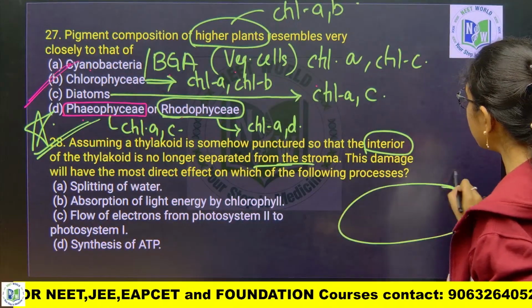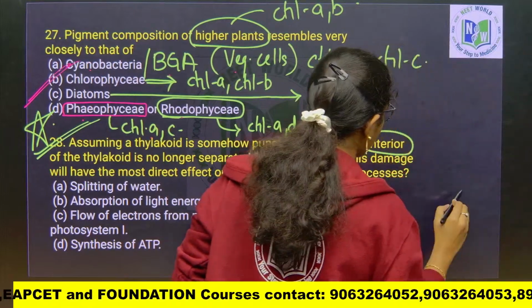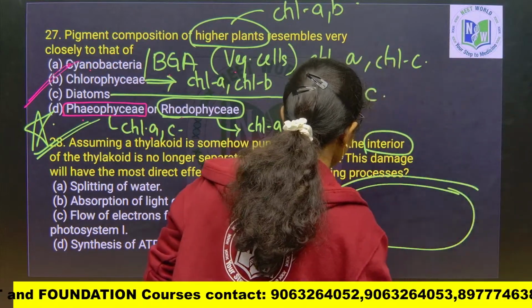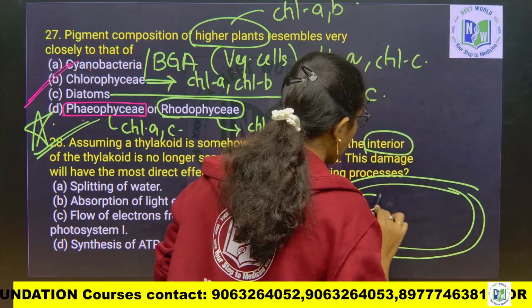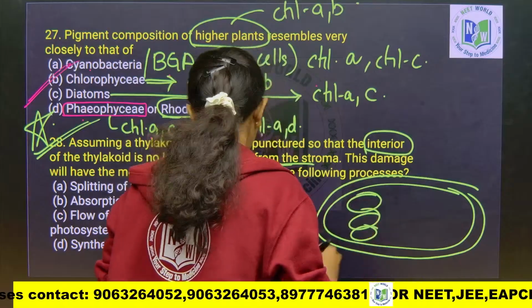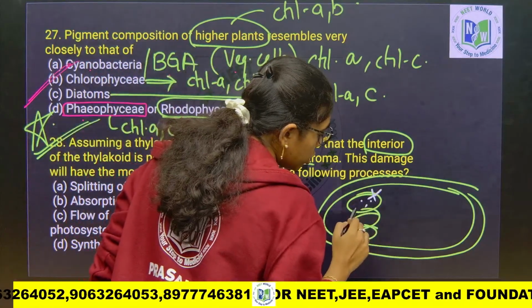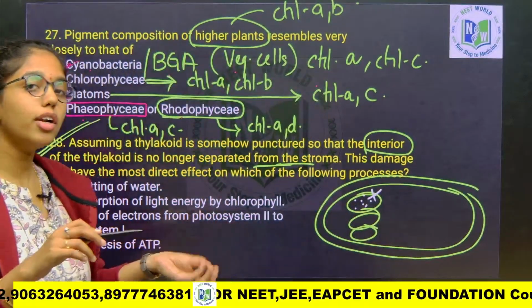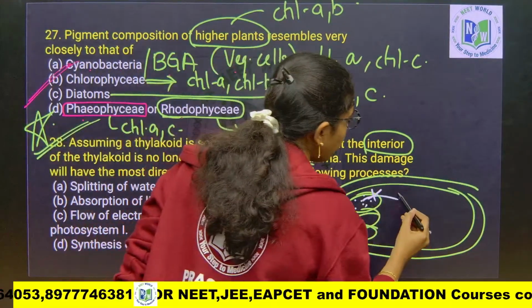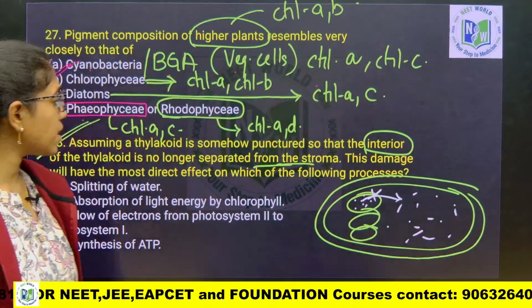This is the chloroplast, and inside, this thylakoid membrane got punctured. These are the thylakoid lamellae or sac-like structures. This membrane got punctured, and the constituents inside the thylakoid lumen are completely mixed up with the stroma. This is how you have to picturize the question.